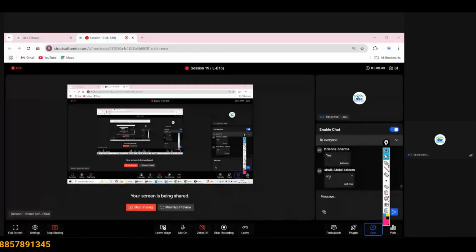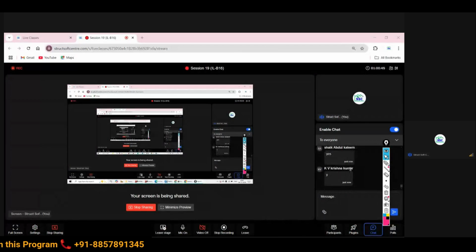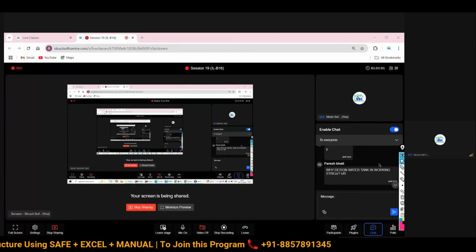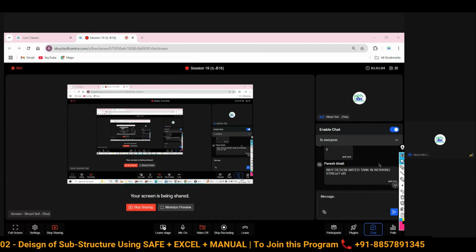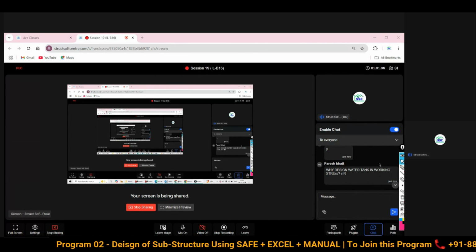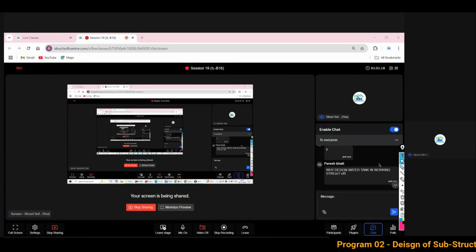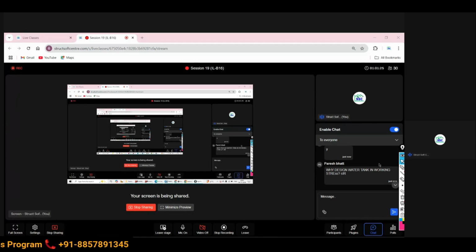Is that all clear? Okay, so I hope you all understood what the partial safety factor means. For some structures there is more concern about serviceability. For the water tank we are more conscious about the serviceability of the structure. When I'm talking about dams, dams are actually designed with the working stress method.